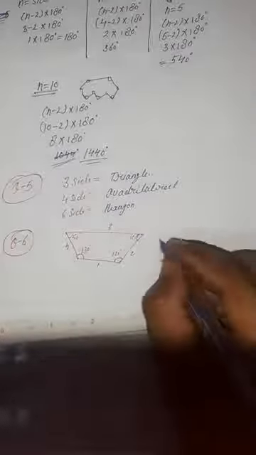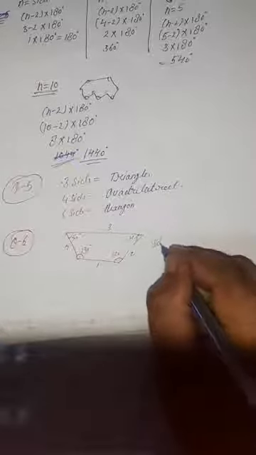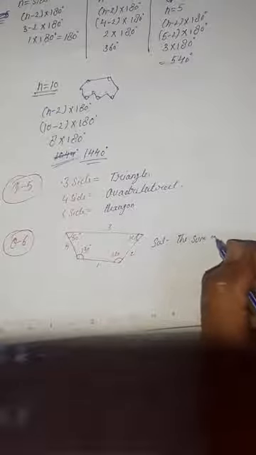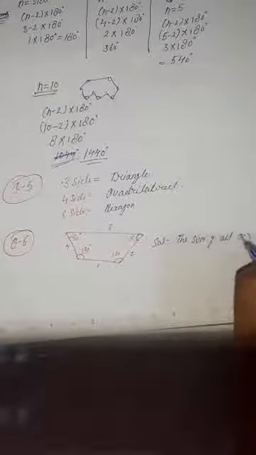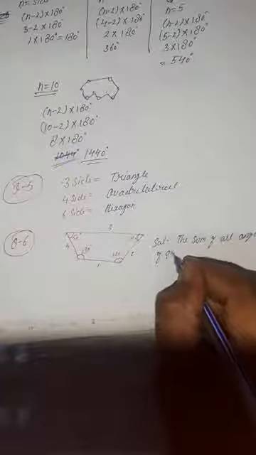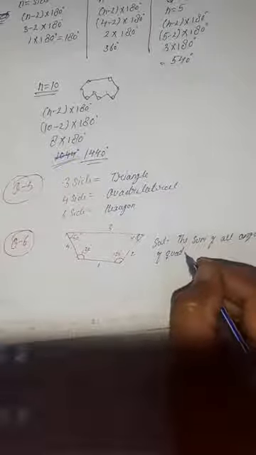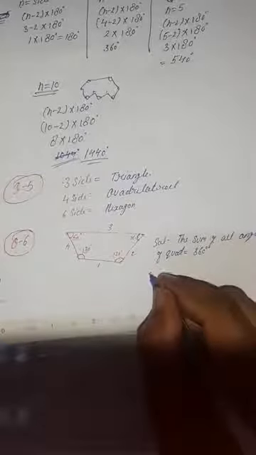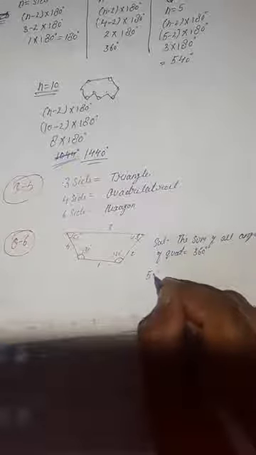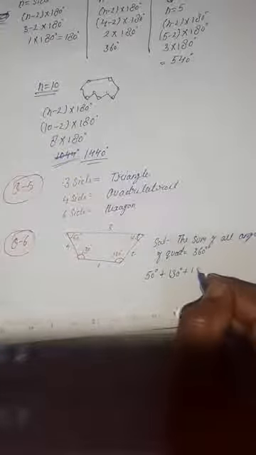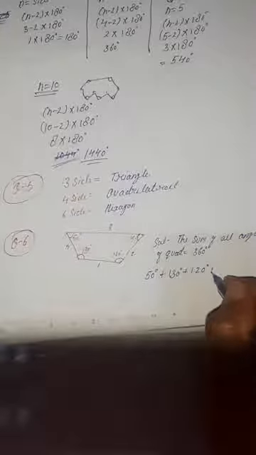So we can write: the sum of all angles of a quadrilateral is equal to 360 degrees. So 50 degrees plus 130 degrees plus 120 degrees plus x.